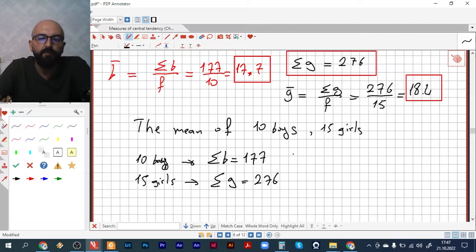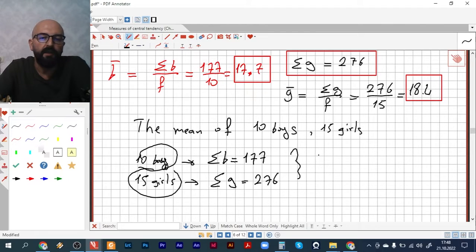If we want to combine both 10 boys and 15 girls, we should find the sum of all students age.